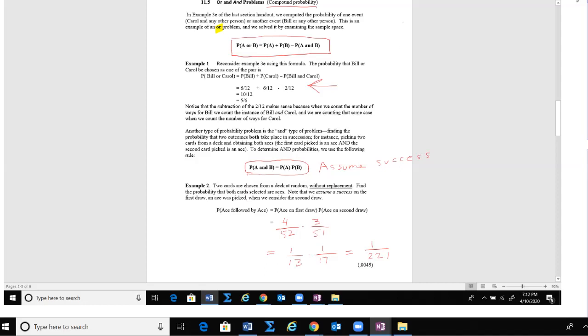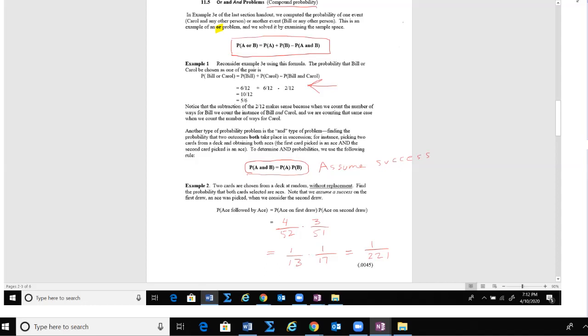So the standard idea is to assume that the first draw was a success, that it was an ace. Theoretically, then, we have 1 less ace in the deck to pick from. So it's a theoretical probability.